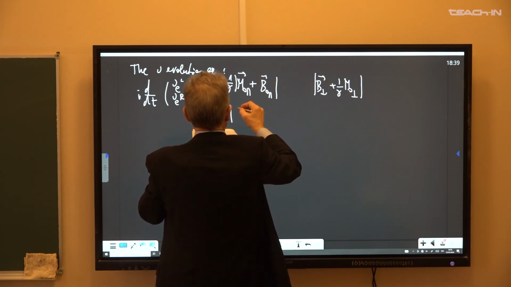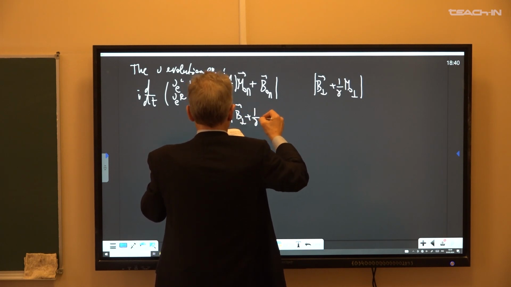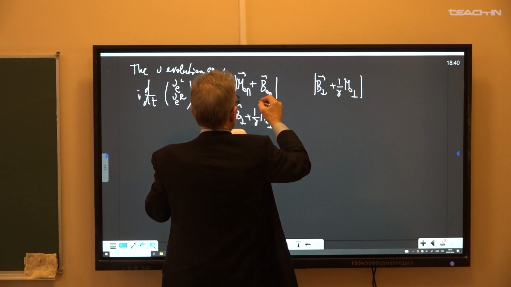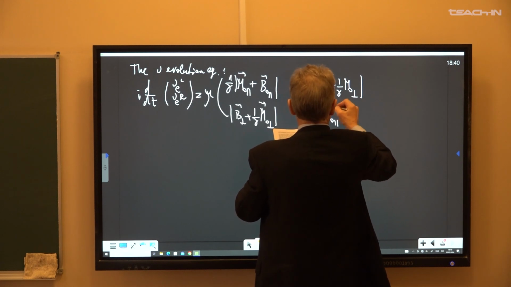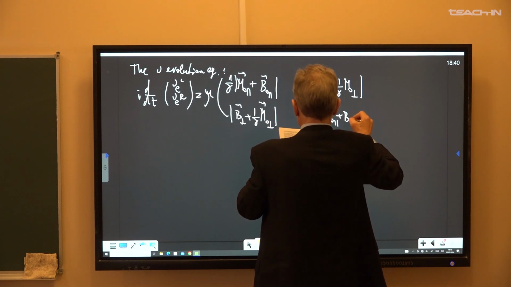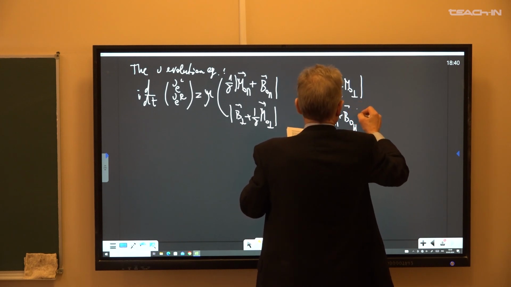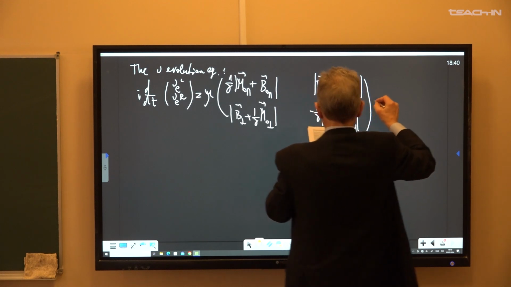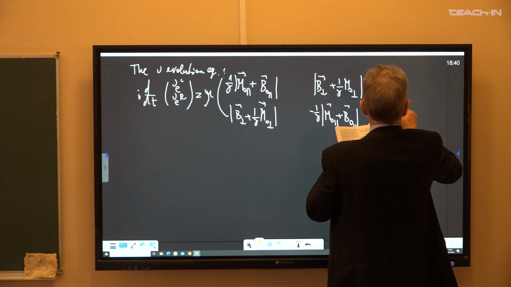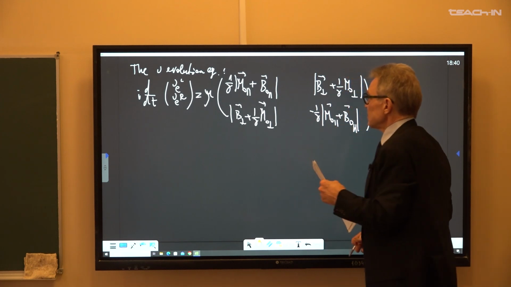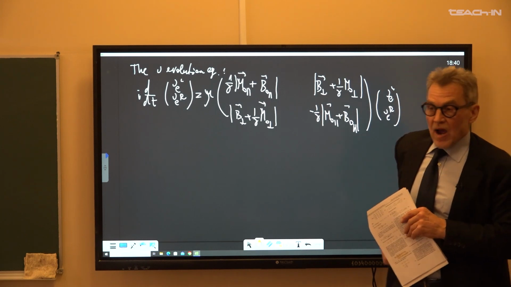Here the same, obviously, B transversal plus 1 over gamma M transversal vector, and here minus 1 over gamma modulus M transversal vector plus B transversal vector. Okay? And here neutrino left, neutrino electron right. This is what can be derived.